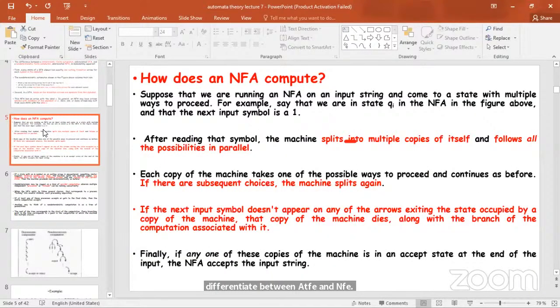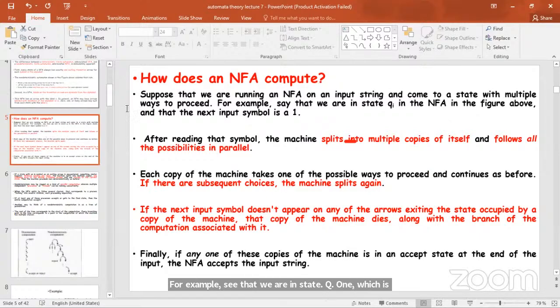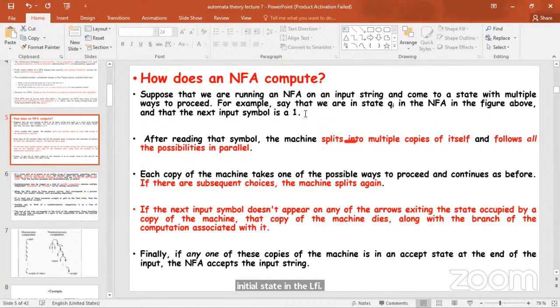So how does an NFA compute? How does it work? That's what we want to look at quickly. Suppose that we are running an NFA on an input string and it comes to a state with multiple ways to proceed. For example, say that we are in state Q1, which is the initial state in the NFA in the figure above, and that the next input symbol is a 1.